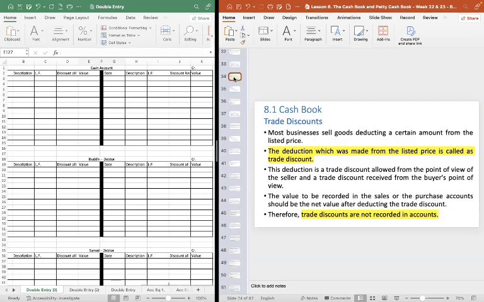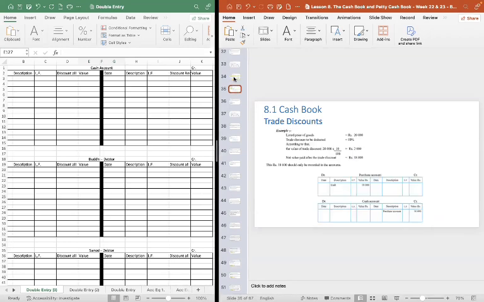So the specialty in trade discount is you do not account for trade discounts in the accounting. What you do in trade discounts is you take the listed price of the goods. In this example, it's 20,000 and you deduct the trade discount, which is 10%.